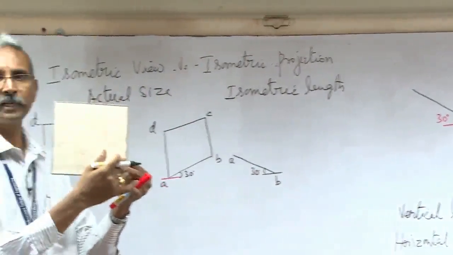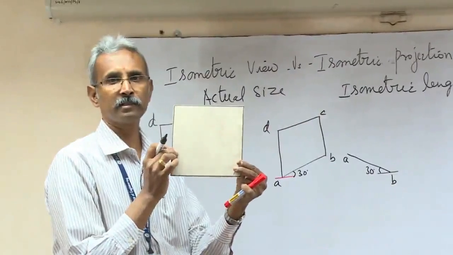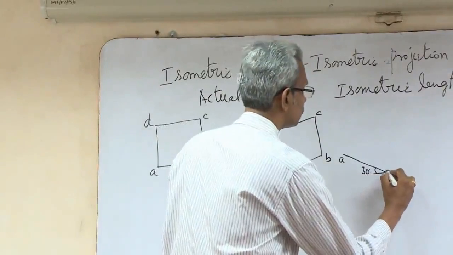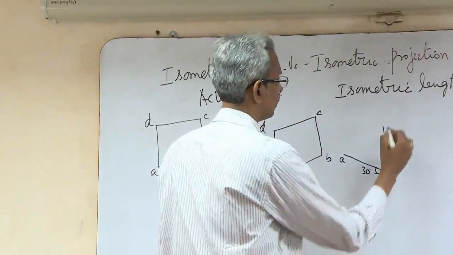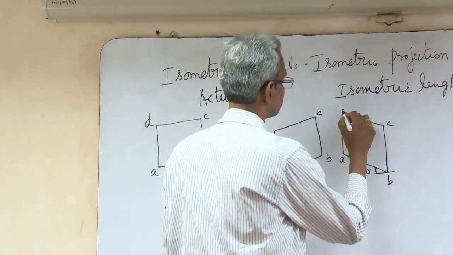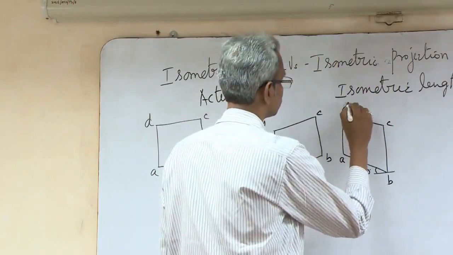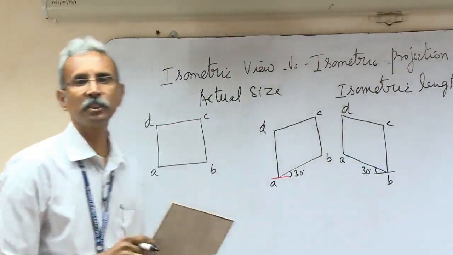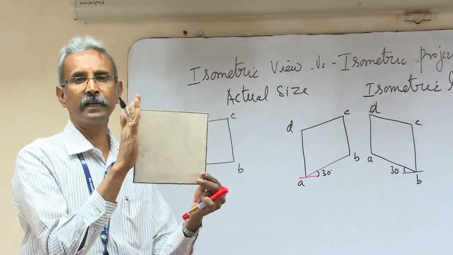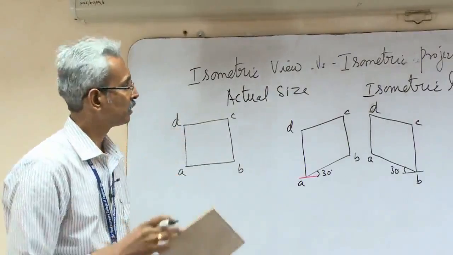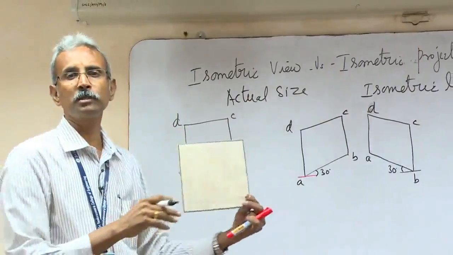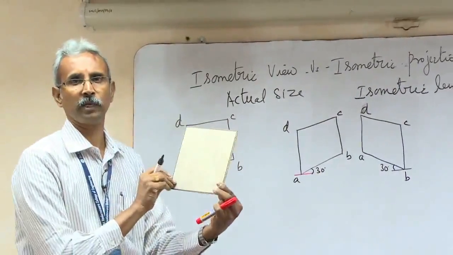So I kept this vertical edge fixed and I tilted this side. And now I have this, so this will be my C. And these are two possibilities depending upon which edge I am fixing and which edge I am rotating. So this is the front view of the square in two possible orientations, this way or this way.